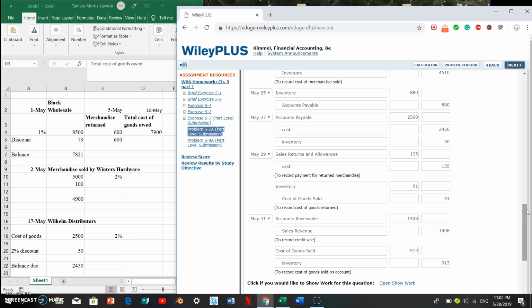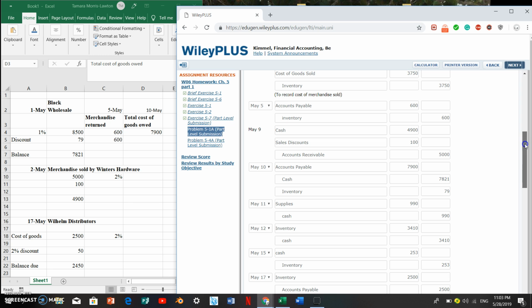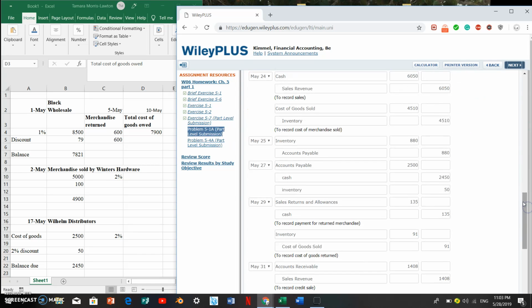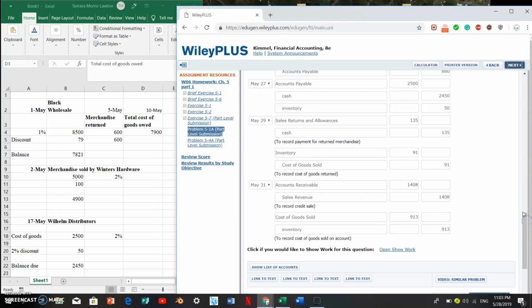The last entry is on May 31st, where they sold merchandise on account for $1,408 on the terms n/30, and the cost of the merchandise sold was $913. So we would debit accounts receivable because this was sold on account. Debit accounts receivable with $1,408.